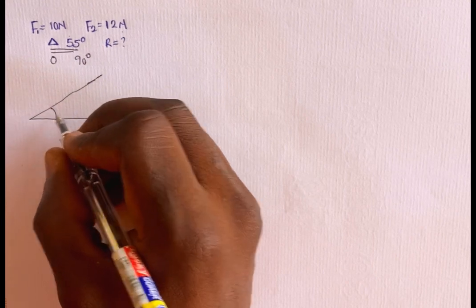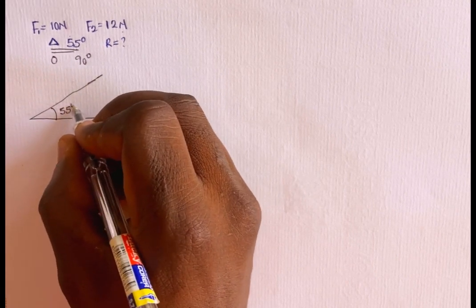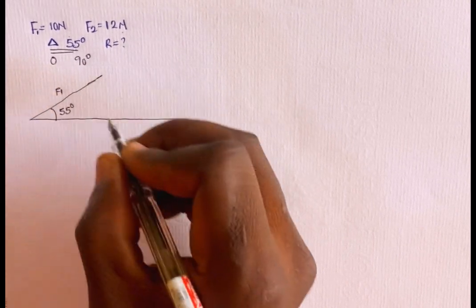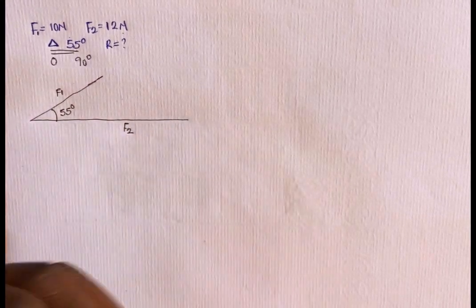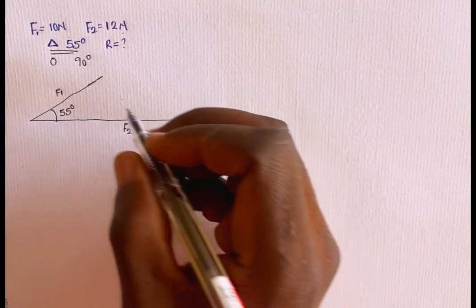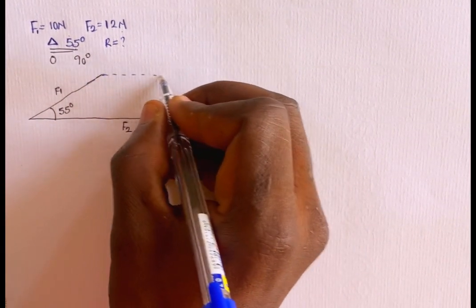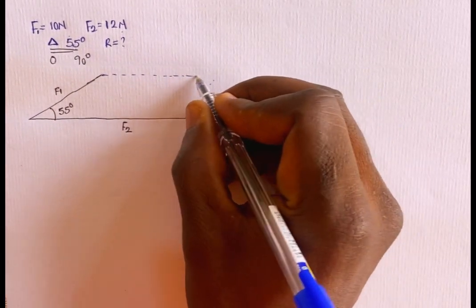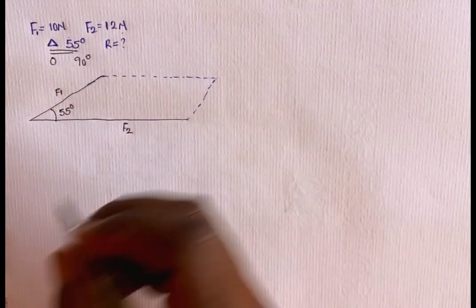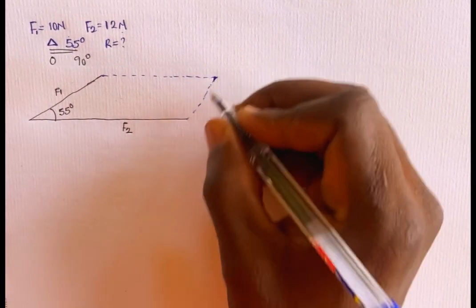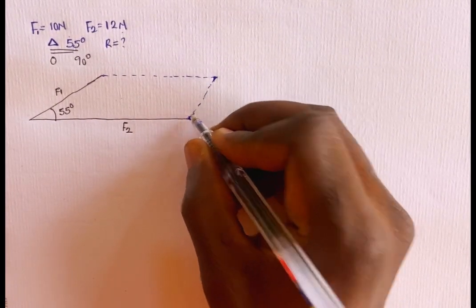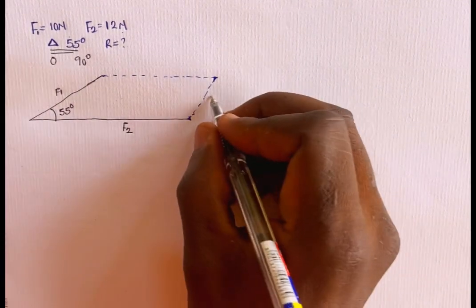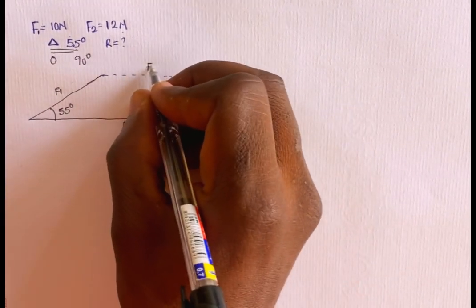Then here is my 55 degree. Here is my force F1, here is my force F2. Then my imaginary line is going to be here. So after that, I have force F1 here and force F2 here.